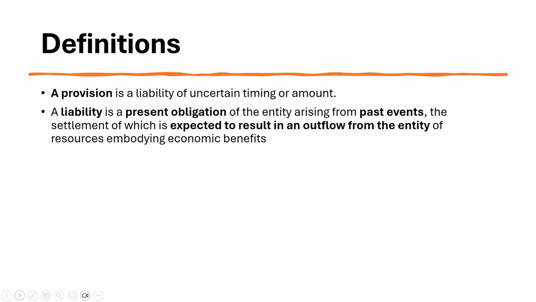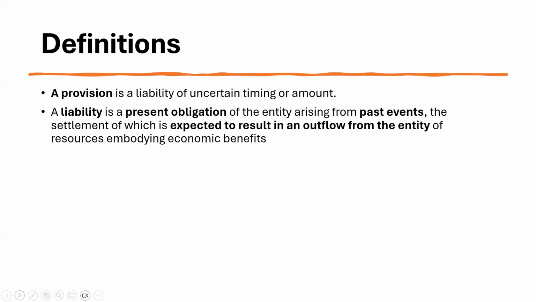Okay, so a liability, first of all, is a present obligation. What is an obligation? We're going to find out. The present obligation of an entity arising from past events, the settlement of which is expected to result in an outflow from the entity of resources embodying economic benefits. Firstly, it's a present obligation. We're talking about today.